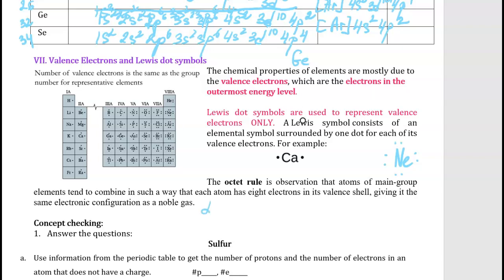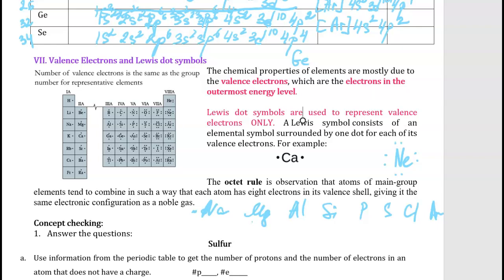Let's do sodium, then magnesium, aluminum, silicon, phosphorus, sulfur, chlorine, and argon. Sodium is in group 1, so it has 1 valence electron, and you put 1 dot here, or anywhere but near the symbol.